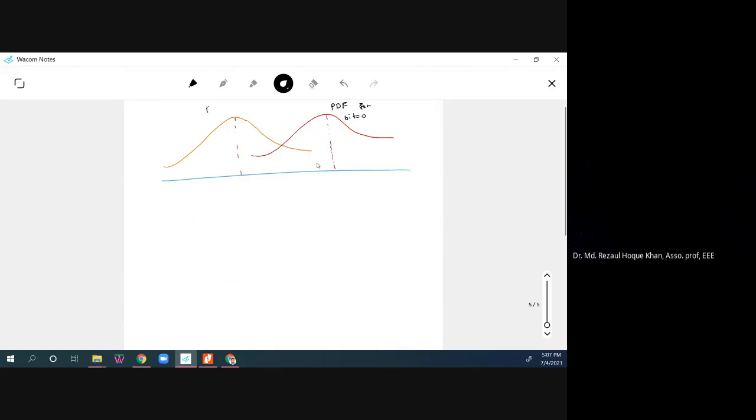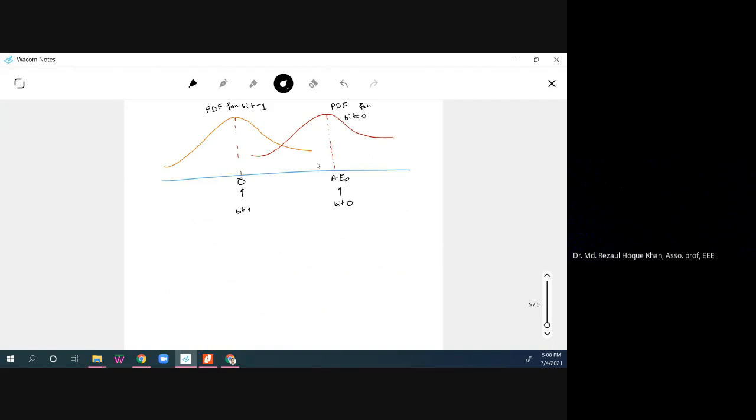This is the PDF, probability density function, for bit 0, which is a Gaussian form, and this is the PDF for bit 1. For bit 1 the mean is 0, and for bit 0 it is AEP. Oh, sorry, that is for bit 0. But you see their variances are similar.